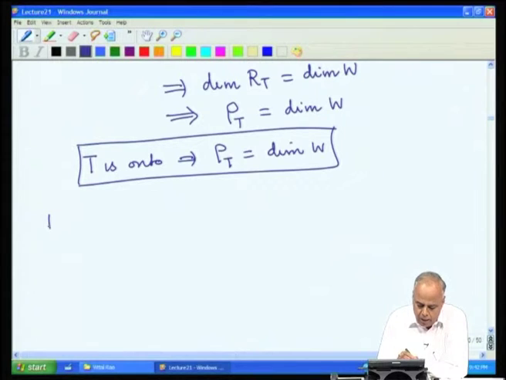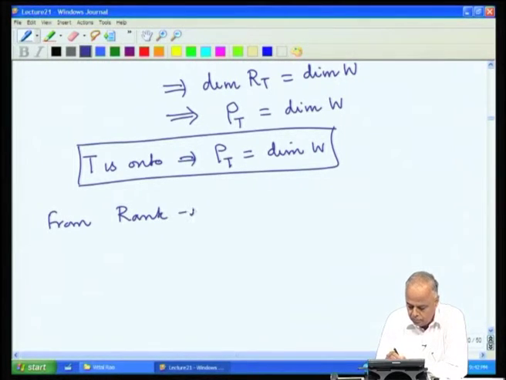We also had the rank nullity theorem. What does the rank nullity theorem say?